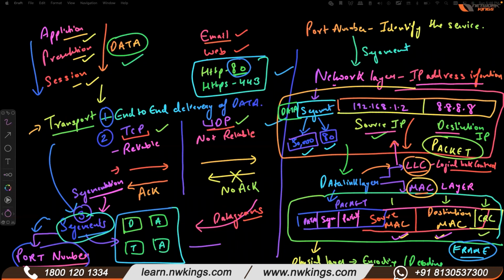Decoding means the opposite of that. The physical layer will convert this frame into 0 and 1 form, and this physical layer will send these 0s and 1s in the form of signals through the computer cable. Okay, your cables, your cable connector. So your cable connector works on this physical layer.